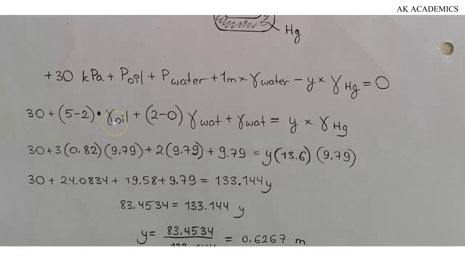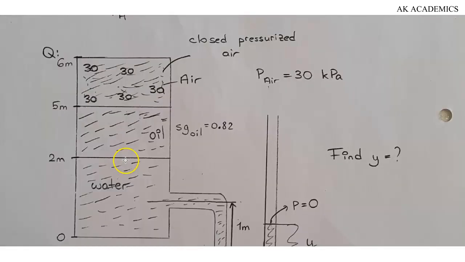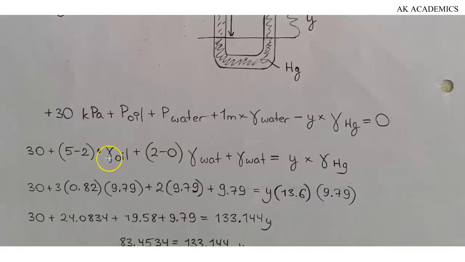We don't know the specific weight of oil, but we do know the specific gravity of oil. Specific weight of water is 9.79. This is a constant. Specific gravity of oil was given as 0.82. So if you put that here, this becomes 5 minus 2, that is 3, multiplied by specific gravity of oil, which is 0.82, multiplied by specific weight of water.